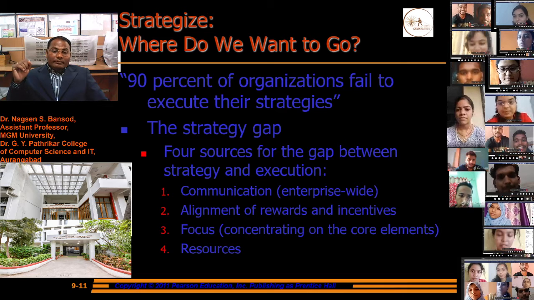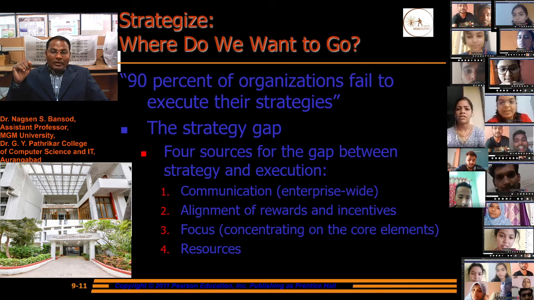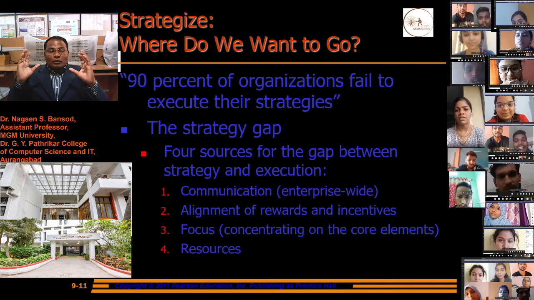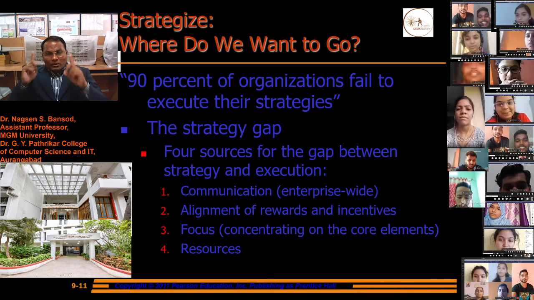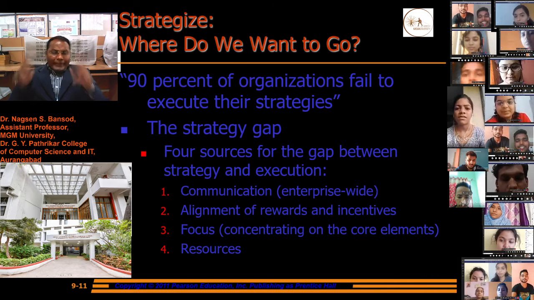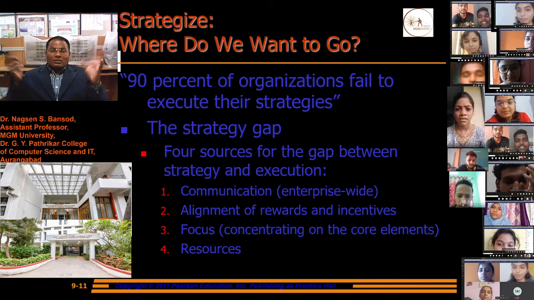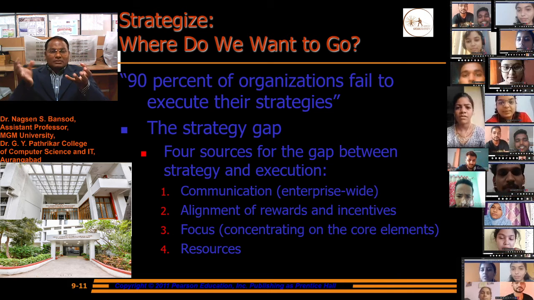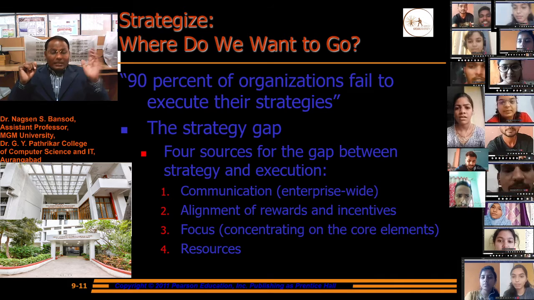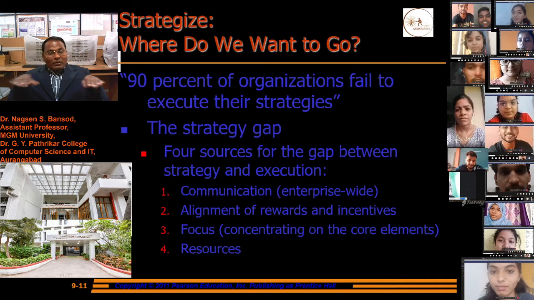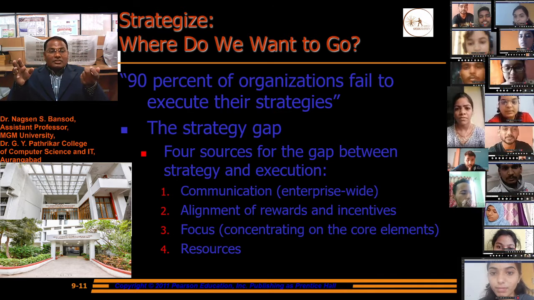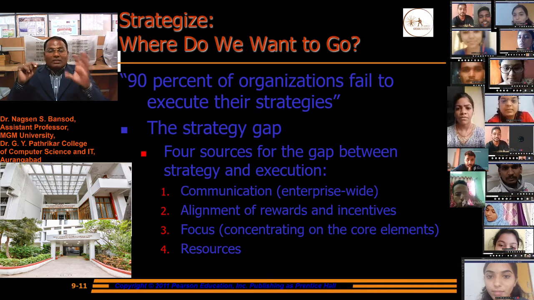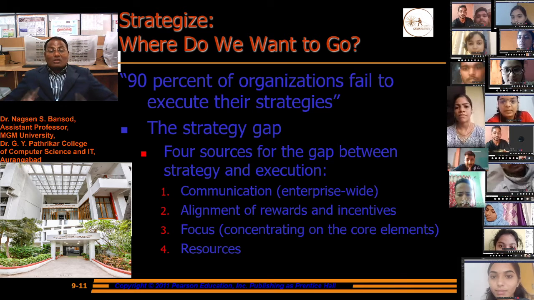And alignment of rewards and incentives. We have to give awards and rewards to the employees, to the managers, to our collaborative partners, to our vendors, so that we will not create any gap and they get some inspiration to work with us trustfully.